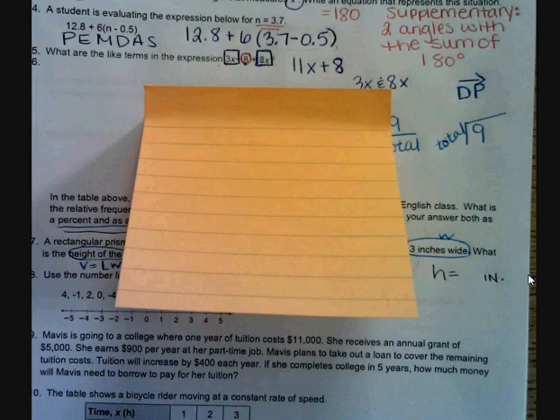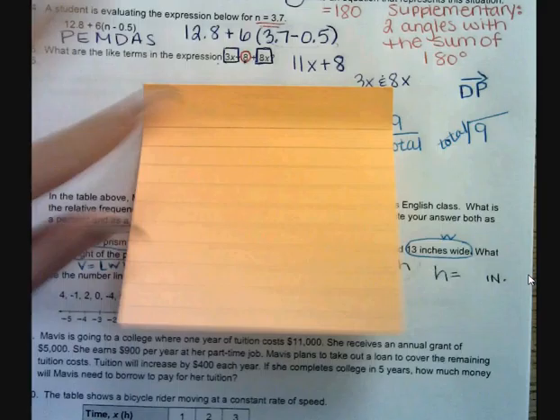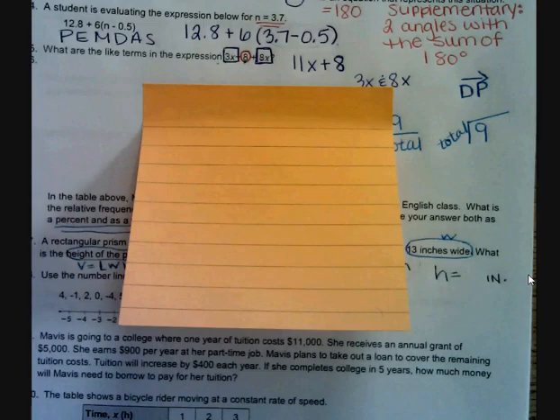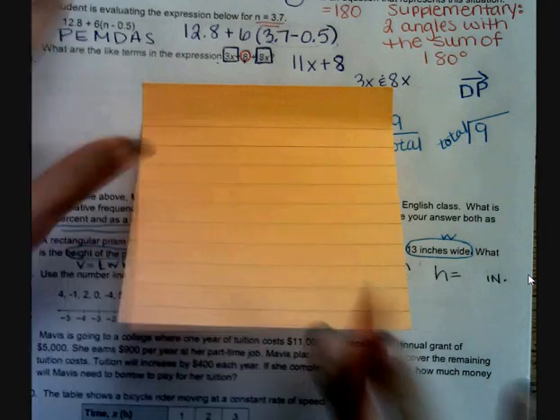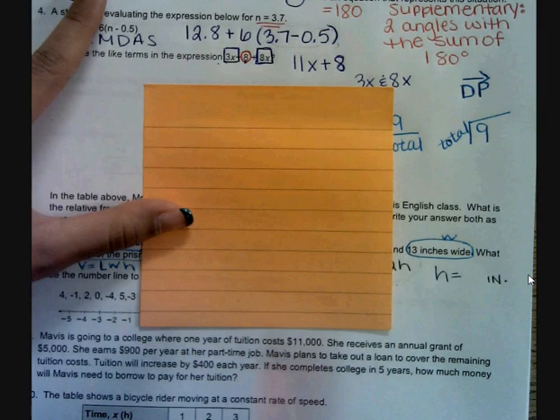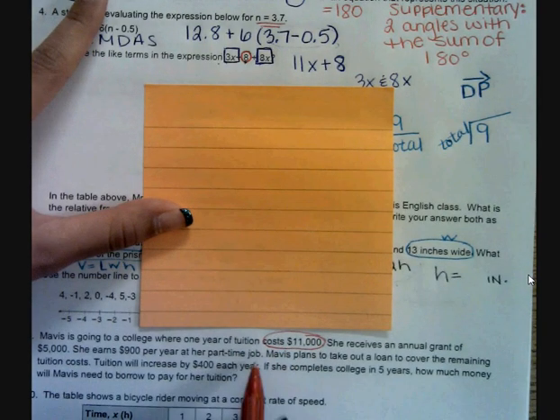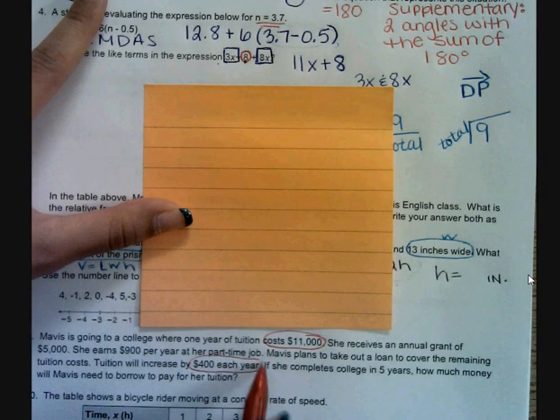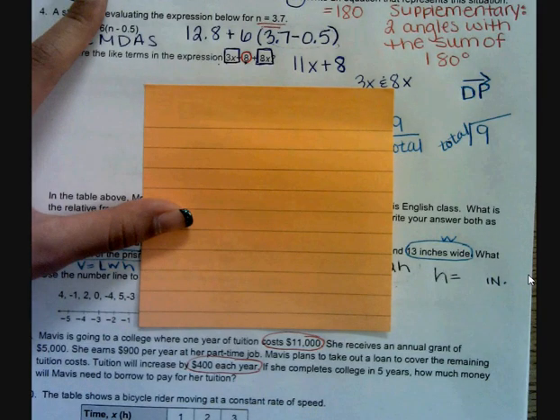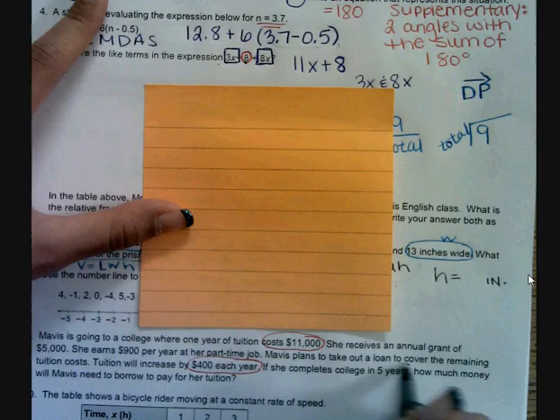Okay? So, first of all, when I'm looking at my information, I want to know how much tuition is going to cost in total. Okay, we know that tuition costs $11,000, but it increases $400 each year. So let's figure out what tuition will just cost in your 5-year span.